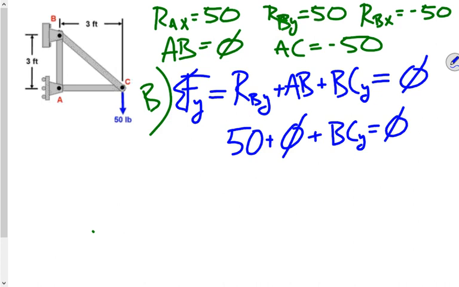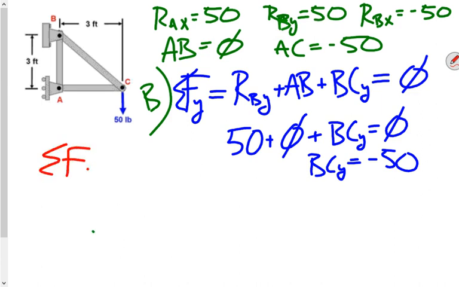We do our math, and we see that that means that BCY has to equal negative 50. Okay? So far we know that BCY equals negative 50. So now let's go to X. Sum of the forces in the X direction. What forces do we have in the X direction at B? We have RBX.